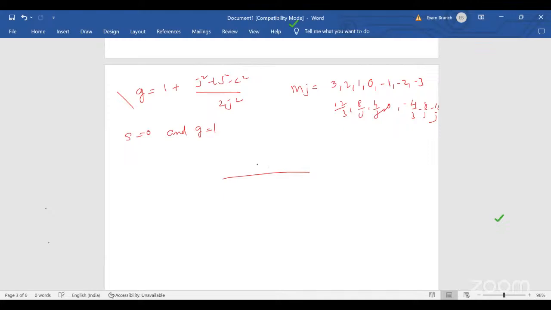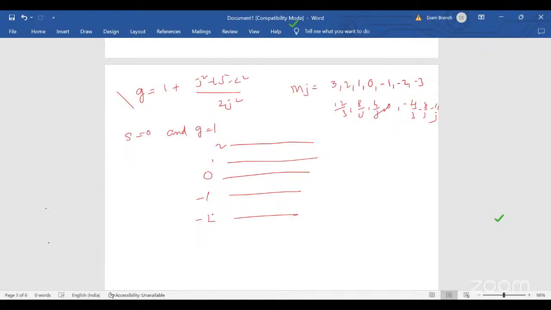This is 0, 1, 2, 5 different levels. You have -1 and -2. So for S is equal to 0 and G is equal to 1, the initial level with J is equal to 2 will split into 5 sublevels. And when J is equal to 1, 3 sublevels.